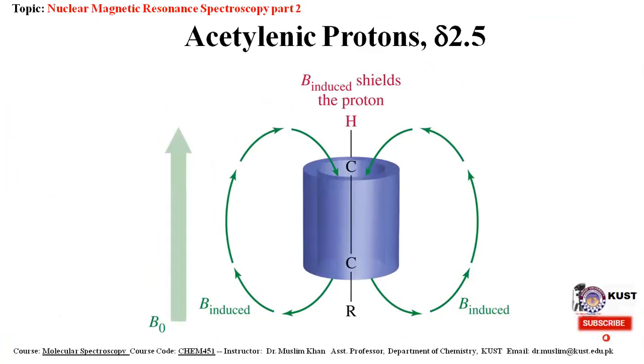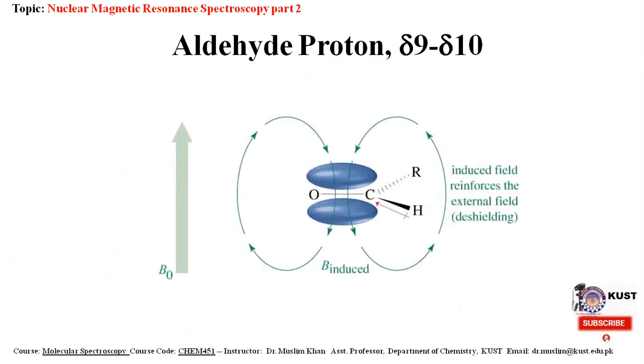For acetylenic protons, the deshielding is less in comparison to aromatic, and the signal will appear around 2.5 ppm. Aldehydic protons induce a field which also reinforces the external field, so even more deshielding occurs than in aromatic protons, and the signal will appear between 9 and 10 ppm.